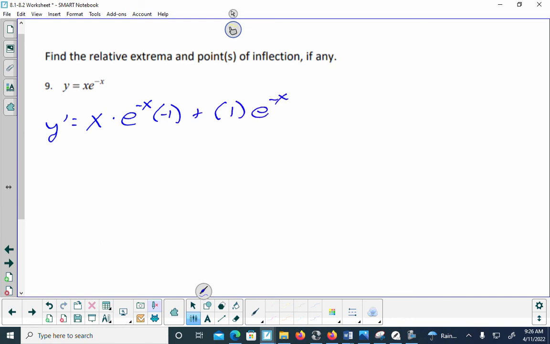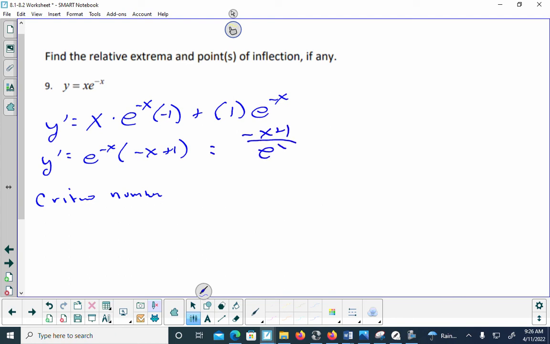Then I decided to factor out that e to the negative x. When I did that, I was left with negative x plus 1. So that's my first derivative. Actually, when I wrote negative x plus 1, it would be plus.